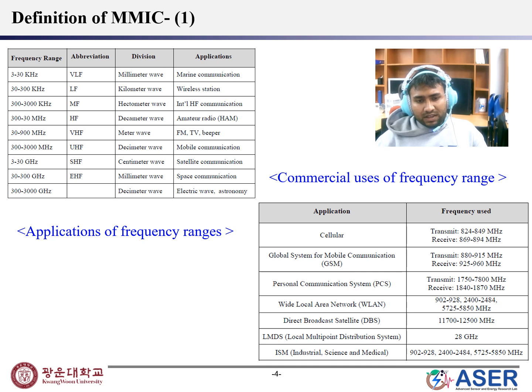For personal communication system, PCS, the transmit frequency is 1750 to 1780 megahertz, and for the receiver, 1840 to 1870 megahertz. Here also, applications like wide local area network and direct broadcast satellite have different frequency ranges.